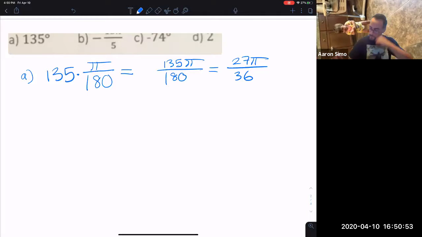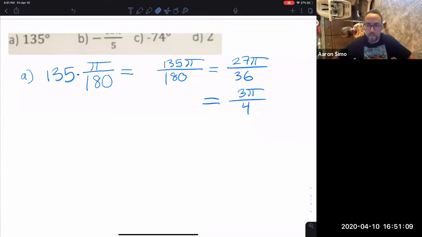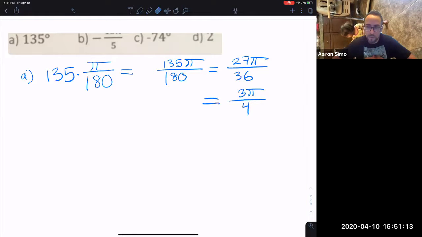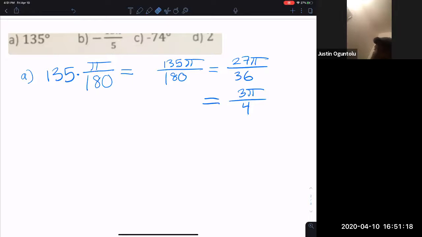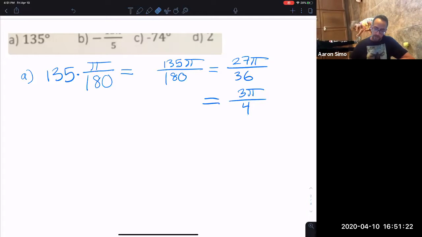Yep. And then we can go even more by putting in there, and we get 9 pi over 4. Wait, no. I divided everything by 9 because I noticed that both of those numbers were divisible by 9. Okay, here we go. 3 pi over 4. Yeah. It's good. 135. Yeah, good job.